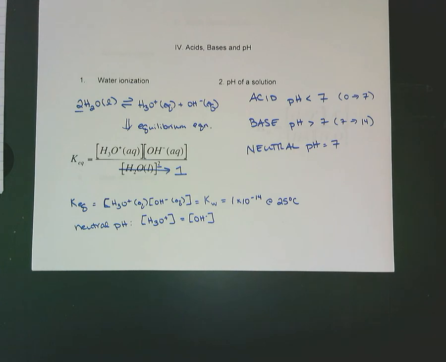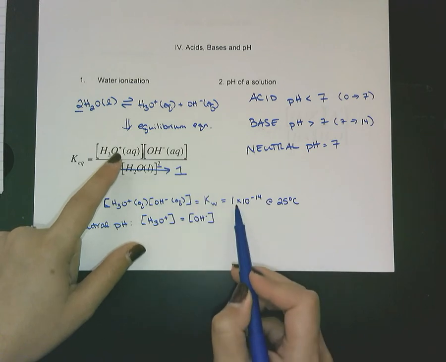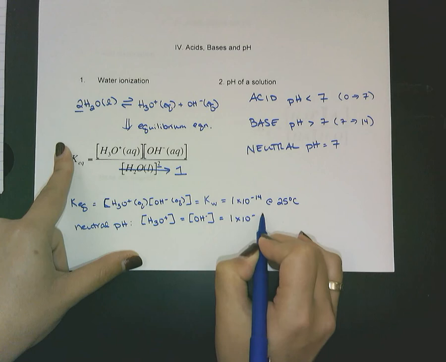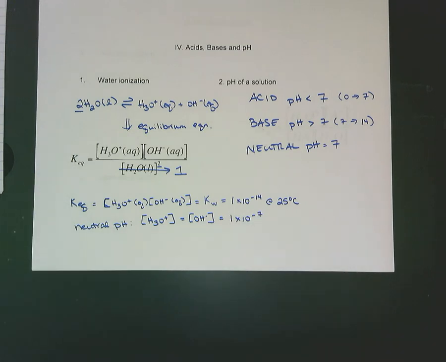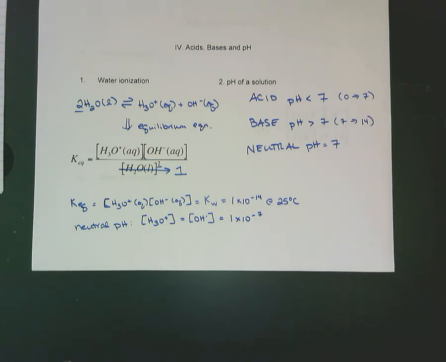So if they are equal to each other, they're equal to that, which equals 1 times 10 to the negative 14th, which means they both equal 1 times 10 to the negative 7. Okay, so I didn't do any fancy math on that, right? Everybody got that?